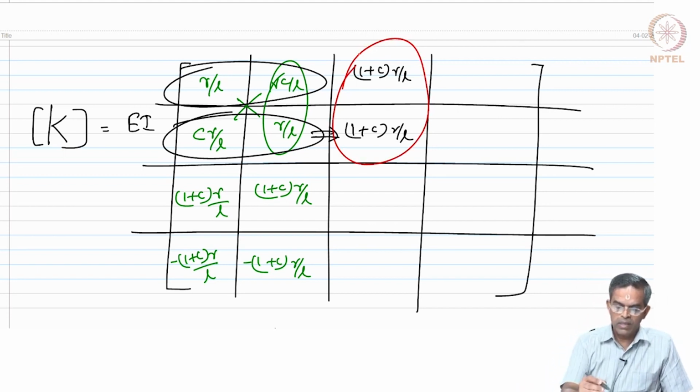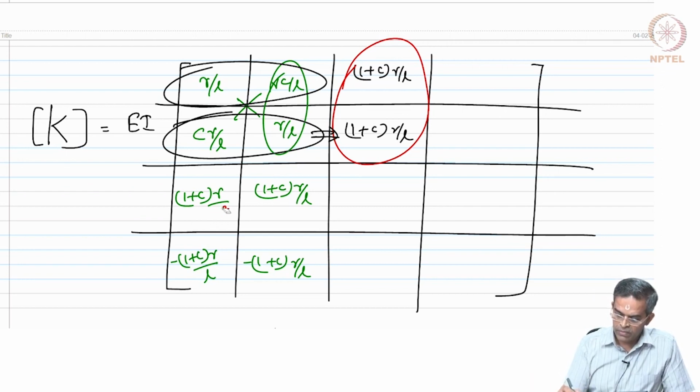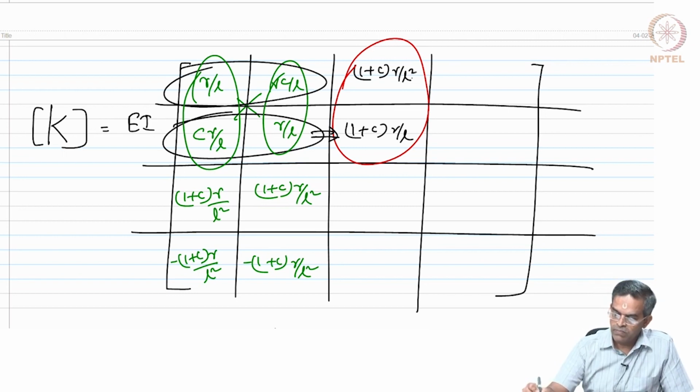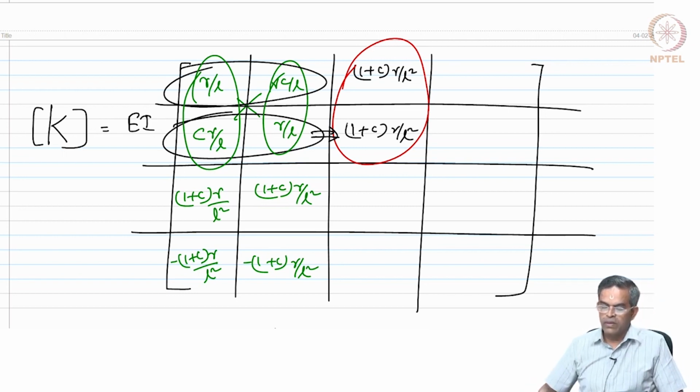This is L square, by L square again. So, this is L square, this is L square, this is L square, because it is sum of these two by L, is it not? Again this is L square, sum of these two by L.